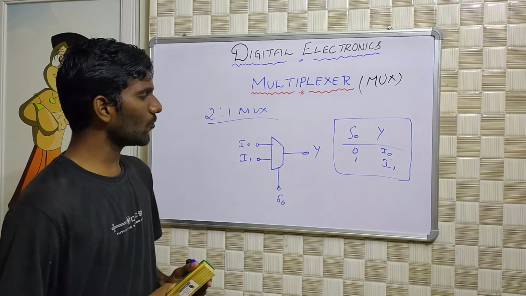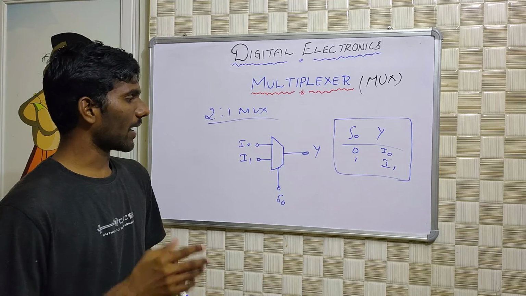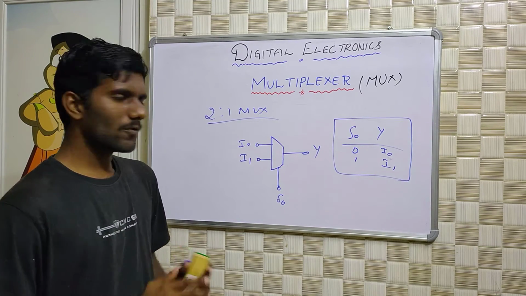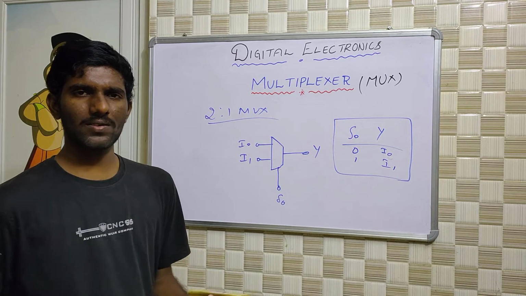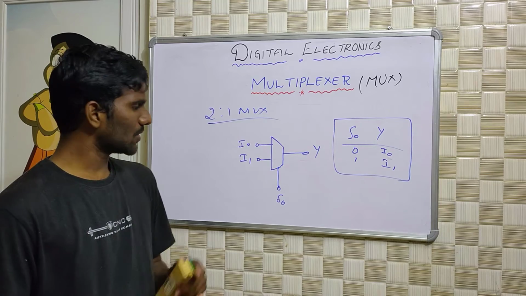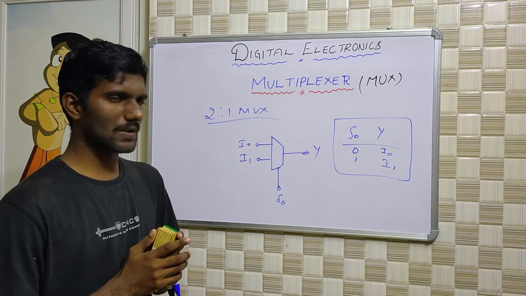So we'll see how we can implement AND, OR, NOT, NAND, NOR, exclusive OR, exclusive NOR. If we are able to implement all these logic gates, then of course we can implement any logic circuit, right? So we'll see how we can implement those gates by using multiplexer.